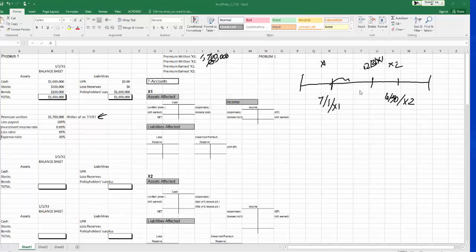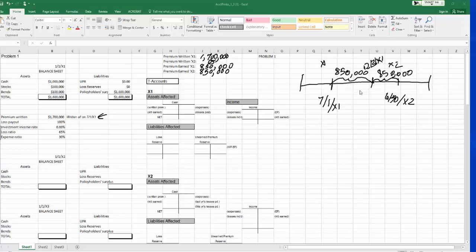So half of the premium will earn in X1 and the other half will earn in X2. Half of $1.7 million is $850,000. So $850,000 will be earned on all of these policies in each year.